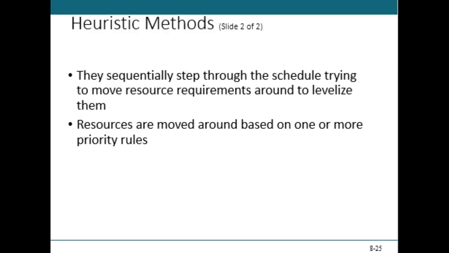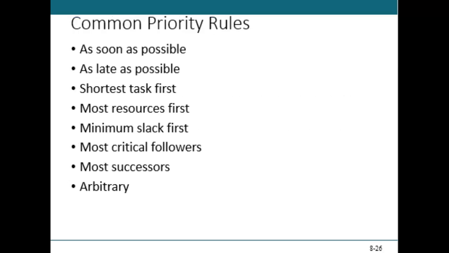So the heuristic method, scheduling by this rule, is accomplished as previously discussed. Okay, and at the same time, we have common priority rules, right? We said prioritization becomes a focus, and this is treated in the book. I would ask you to read through that, but it's a great list to prioritize.